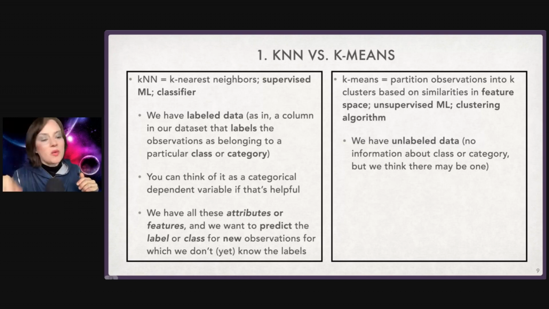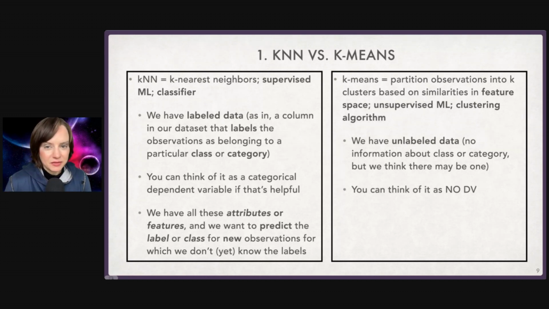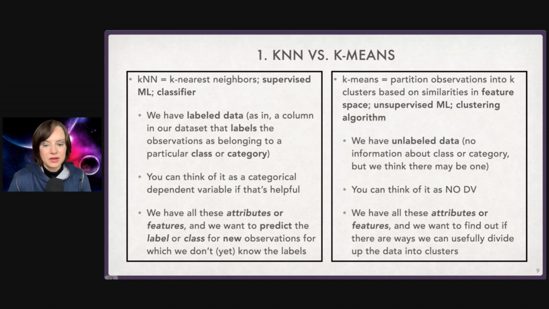If I don't know what type of customer they are, and I want to say, could I divide these into different types of customers? Unsupervised. You can think of k-means or unsupervised machine learning in terms of no dependent variable. We have all these attributes and all these features, and we want to find out if there's a way to usefully divide up the data into clusters.